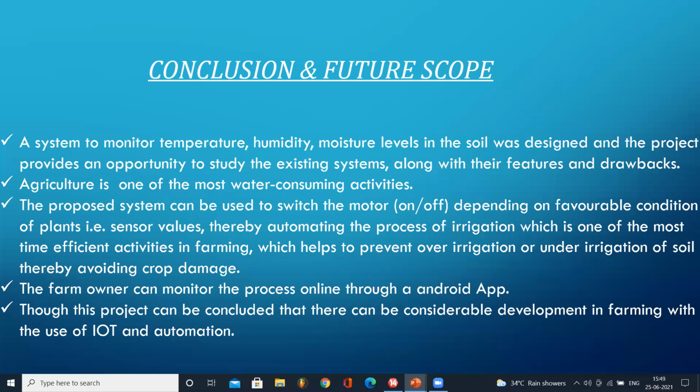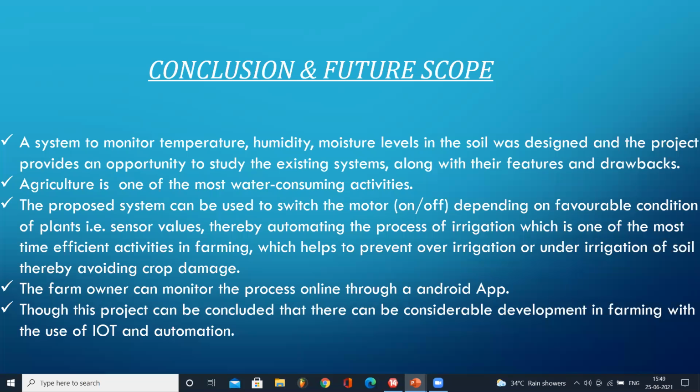Now we come to the conclusion of our presentation. In this presentation, we have learned about a system designed to monitor temperature, humidity, and moisture levels in the soil, and the project provides an opportunity to study the existing systems along with their features and drawbacks. Agriculture is one of the most water consuming activities.